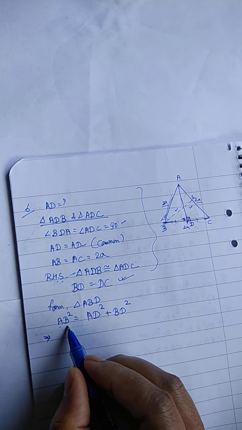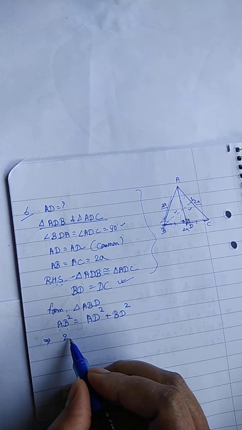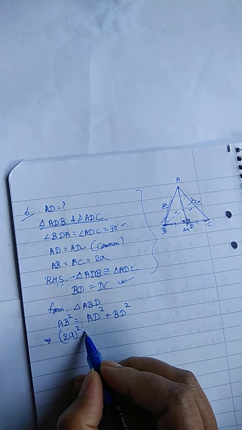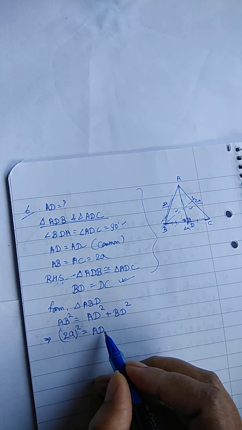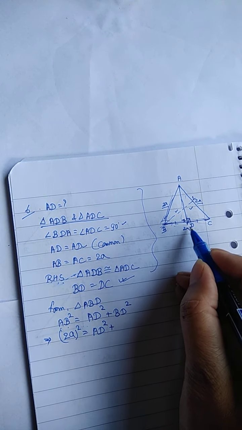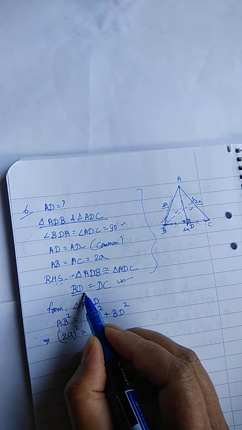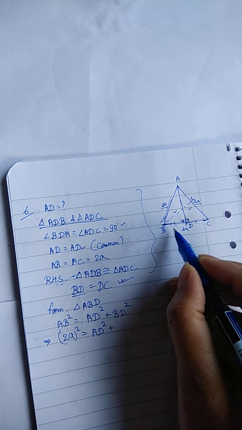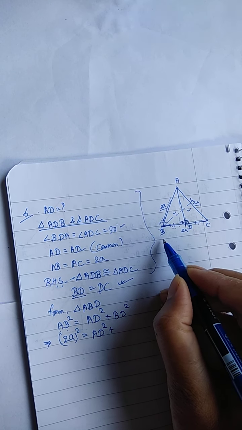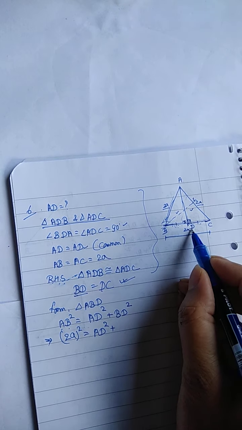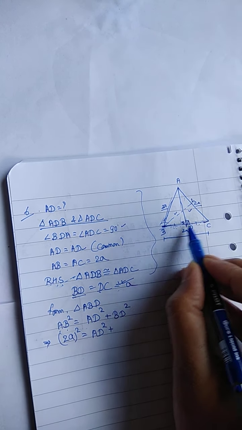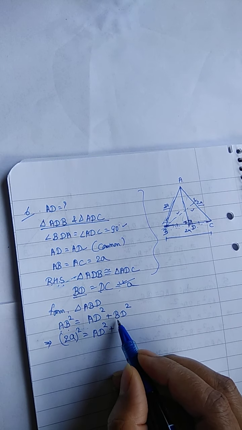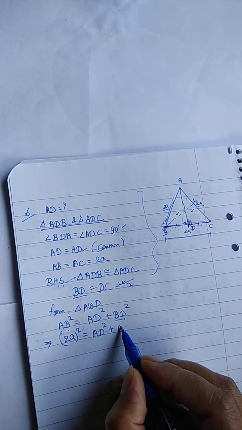Now what is AB? AB is 2A. So 2A square equals to AD square, that we have to find, plus BD square. What is BD? BD and DC both are equal. That means if BC is 2A, then BD and DC equal A, right? Because the whole one is BC. So instead of BD, can we write A square?